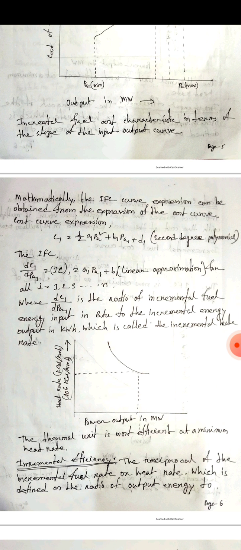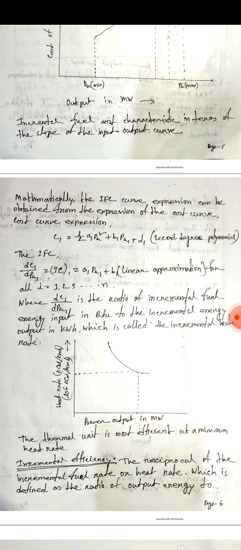The IFC definition: dC1 divided by dPG1 equals IC1 equals A1 PG1 plus B1, a linear approximation for all i equal 1, 2, 3 up to n.